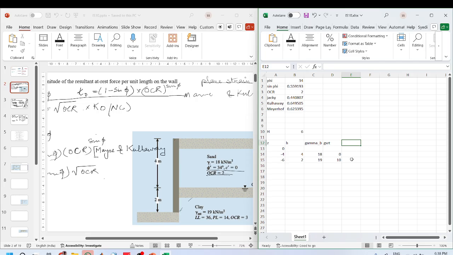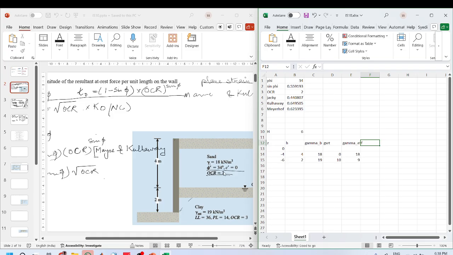So this will be gamma for calculating the effective stress. Gamma will be here, this minus water pressure. Okay, let's call this gamma effective.